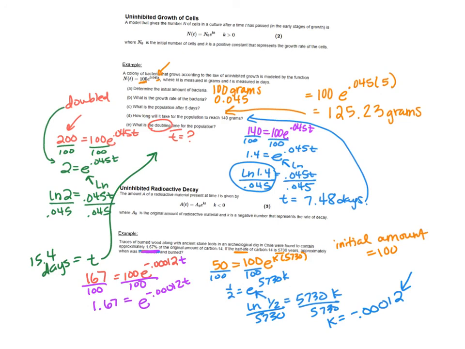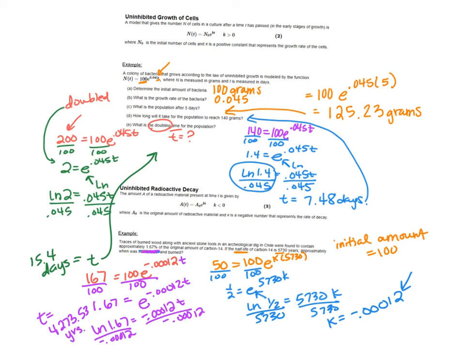Now to get rid of the e, I'm going to introduce that natural log. And divide by that negative 0.00012. Right? Doing that, I would get the time to equal somewhere around 4,273.53 years.